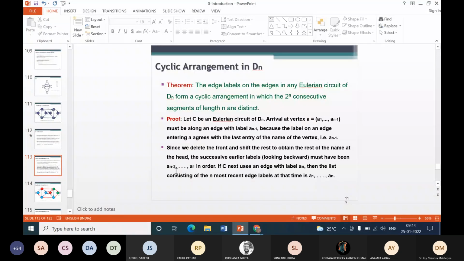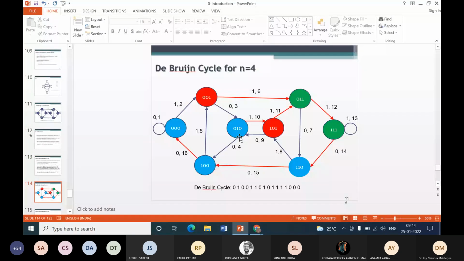So when we go to 101, 1 is the last bit, so both incoming edges have level 1. Now what about this 0?